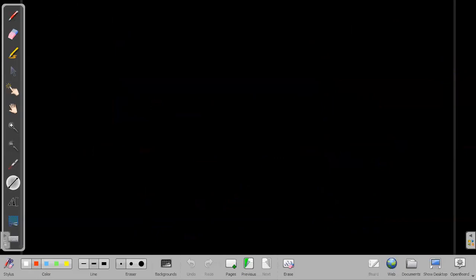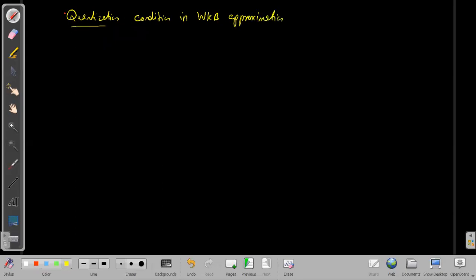Okay, so I will just summarize the quantization condition in WKB approximation. If you remember these quantization conditions, we can directly use the result.